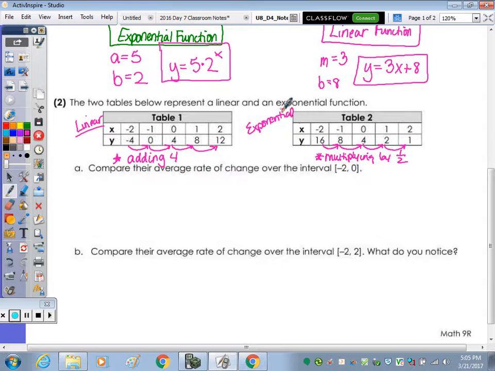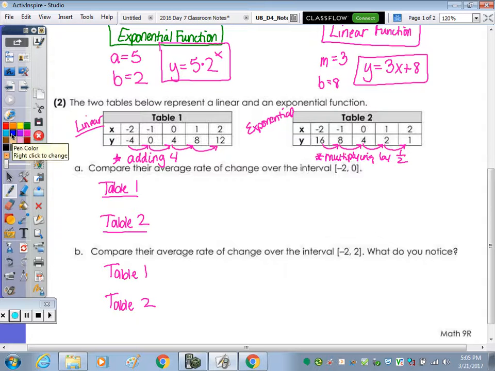So compare their rate of change over the interval from -2 to 0. So for table 1, and table 2 for each, the points we're looking at in table 1, remember from -2 to 0, so we're taking the 2 points that have an x value of -2 and 0.